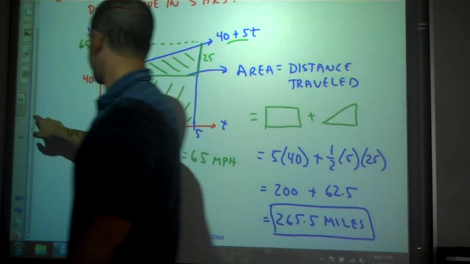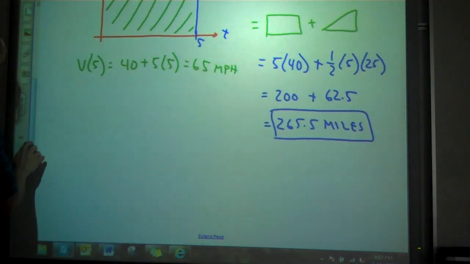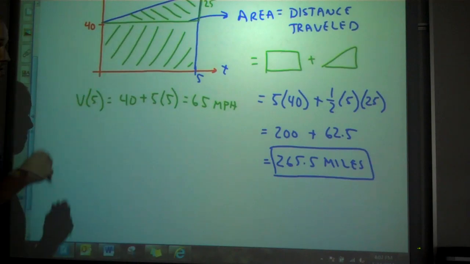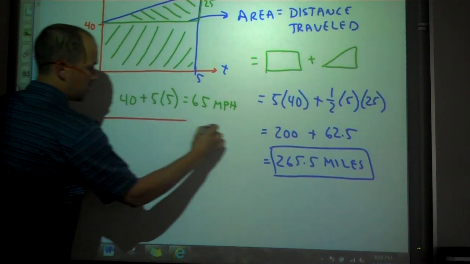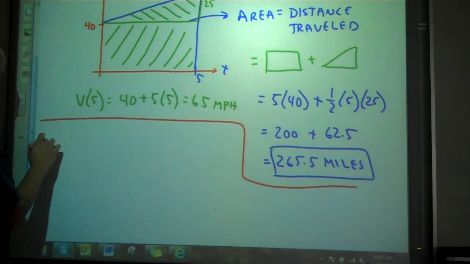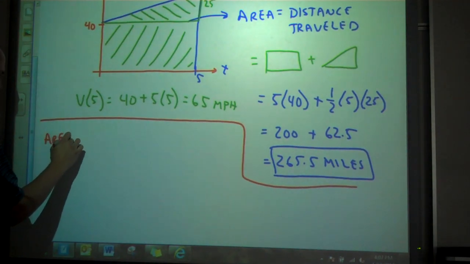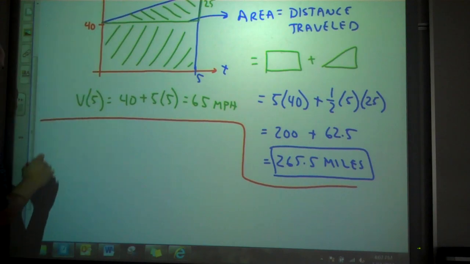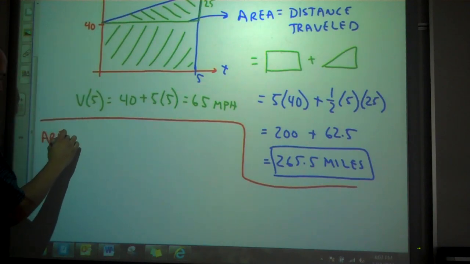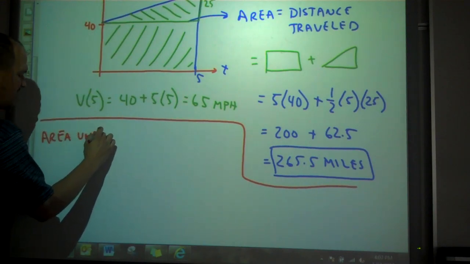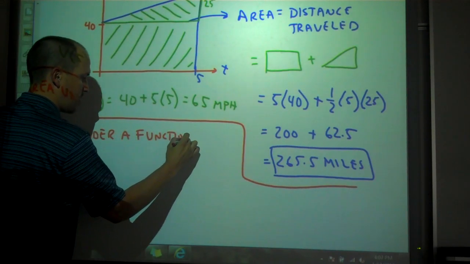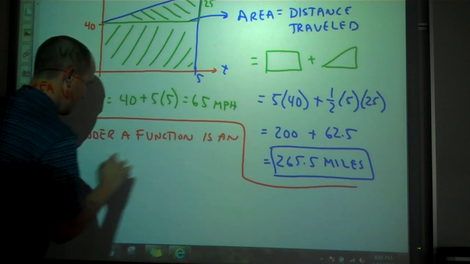Notation. Alright, so here's what we just did. The area under a curve, under a function, is an integral.